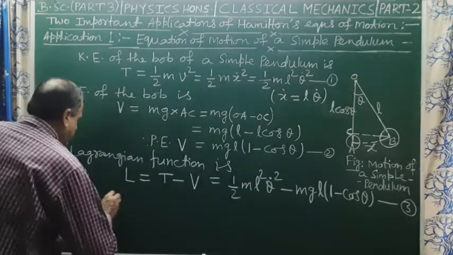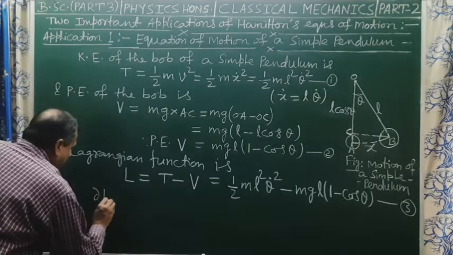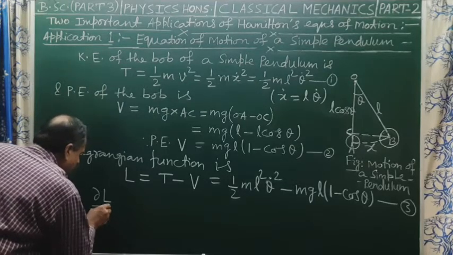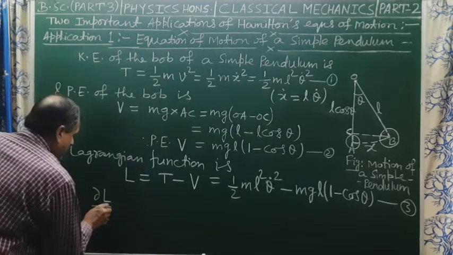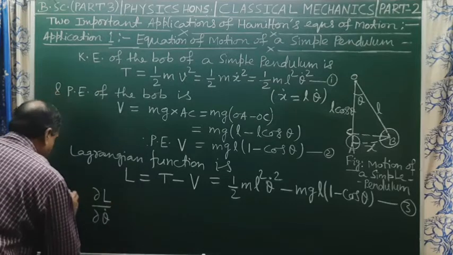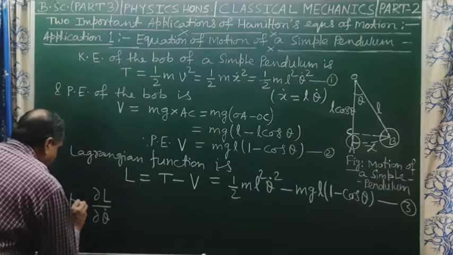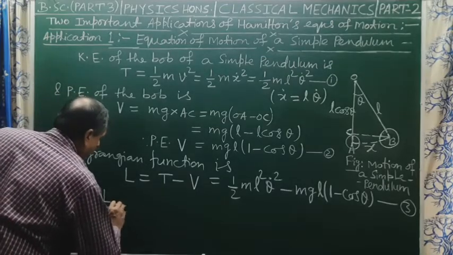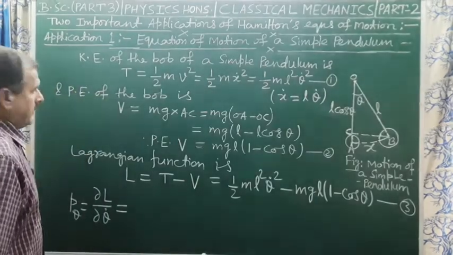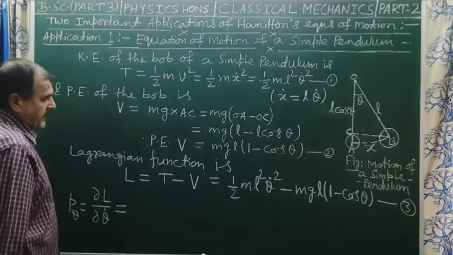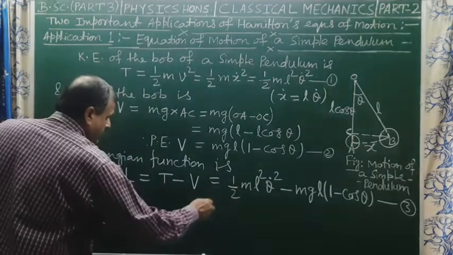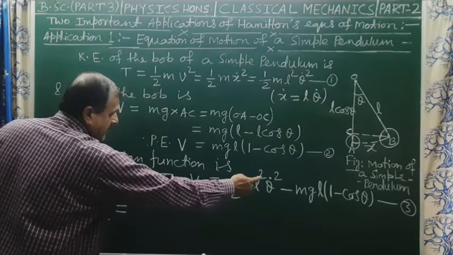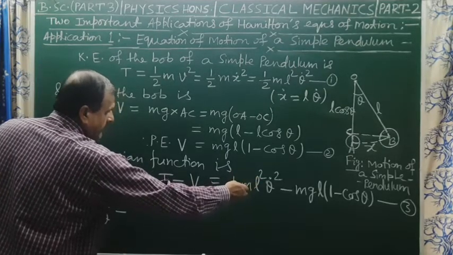And from this equation, p theta, the momentum, is equal to delta L upon delta theta dot, from the Lagrangian equation of motion. We have only the first term, half mL square theta dot square, involving theta dot.